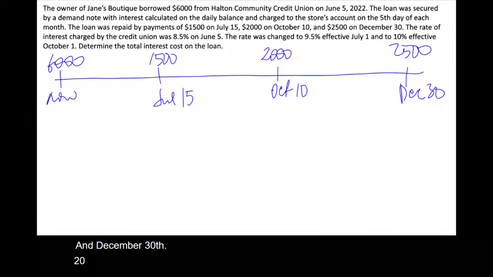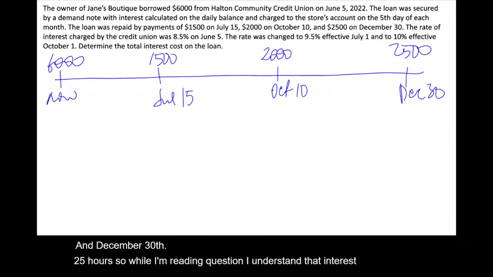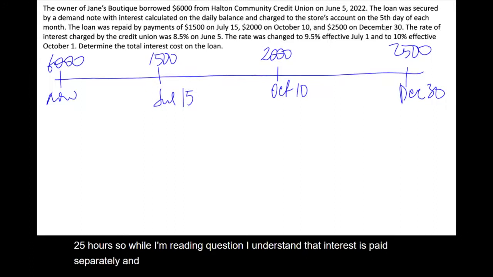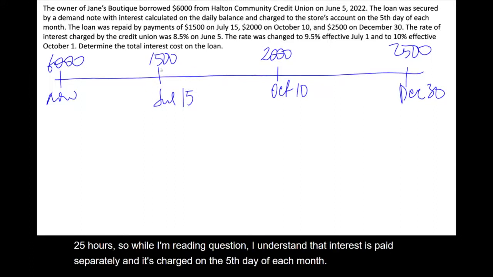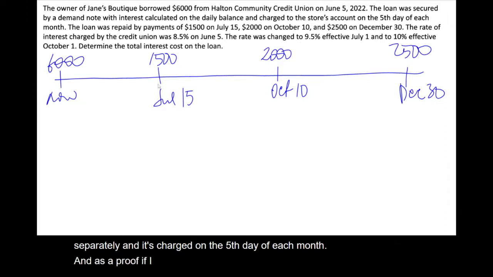While I'm reading the question, I understand that interest is paid separately and charged on the 5th day of each month. As proof, if I add these three payments together, I will get $6,000.